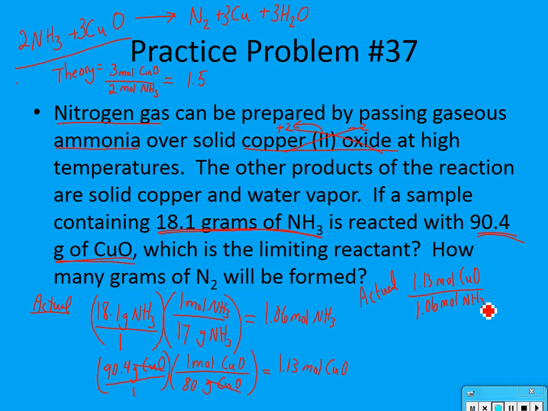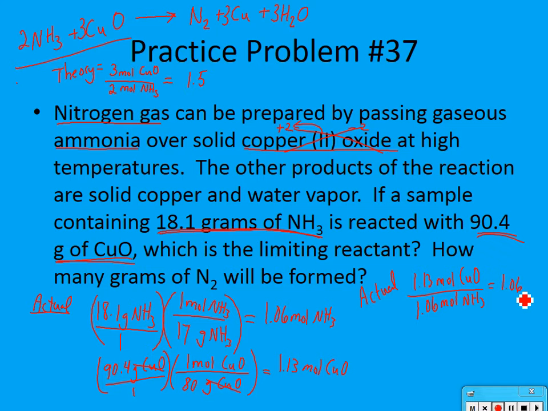Okay, now let's take that ratio and put it into a decimal form. So 1.13 divided by 1.06 and I get 1.06. Is that what you guys got? Okay. So now this is the point where you got to ask yourself, which one is too small?